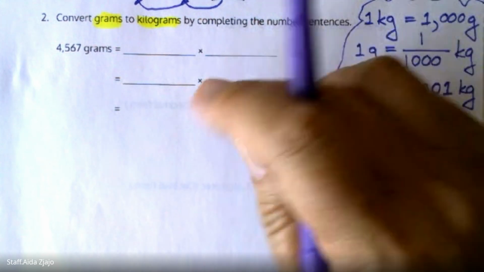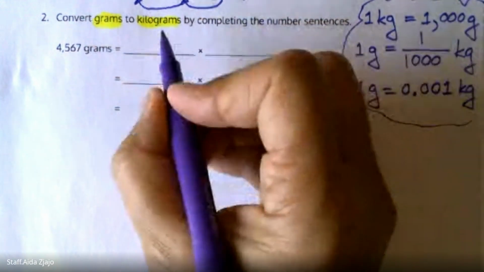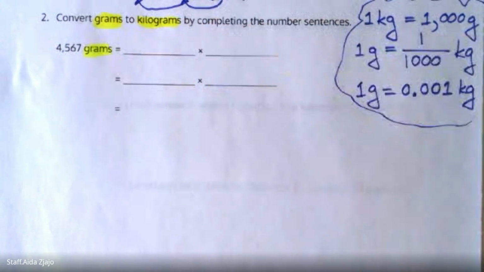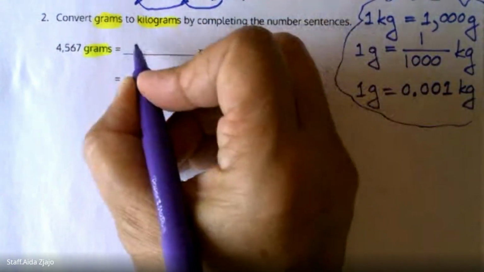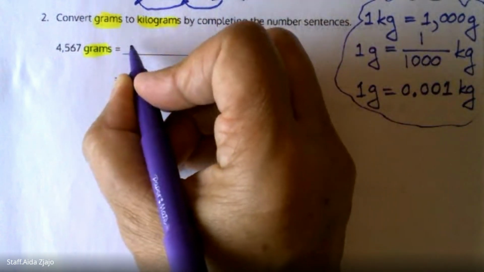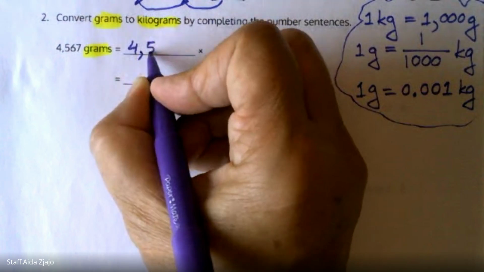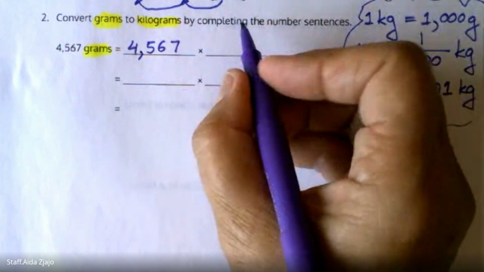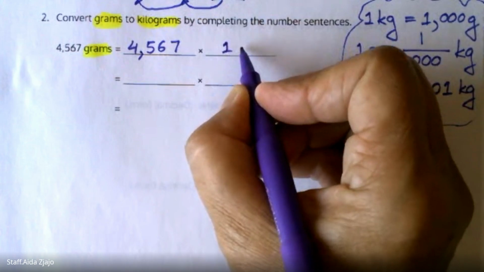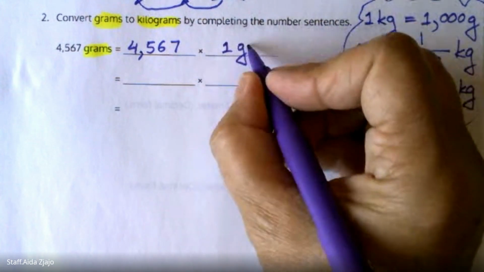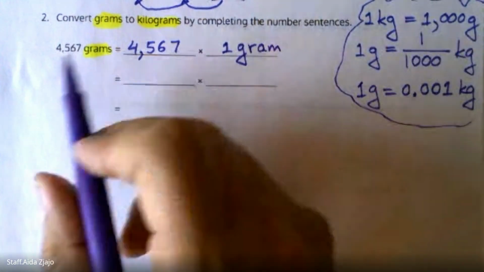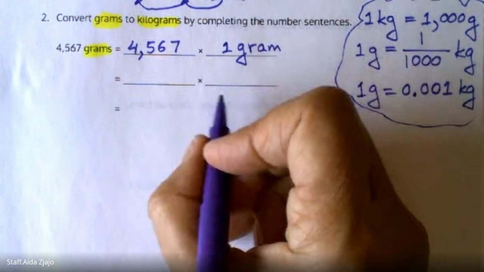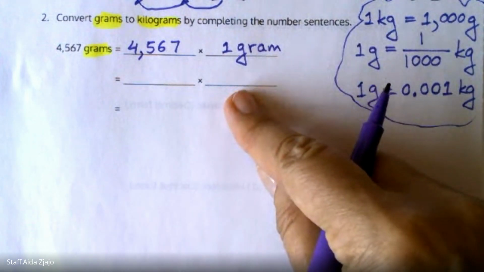So how can we follow the same procedure? We have these grams, and we need to know how many kilograms there are. So we can use the rule 4,567 times 1 gram. That is the same, but now we're going to change gram into kilogram.